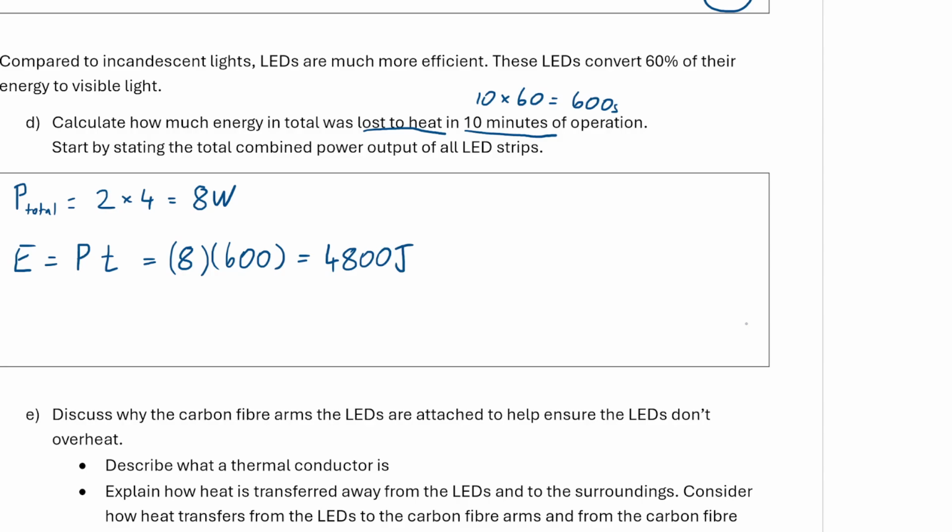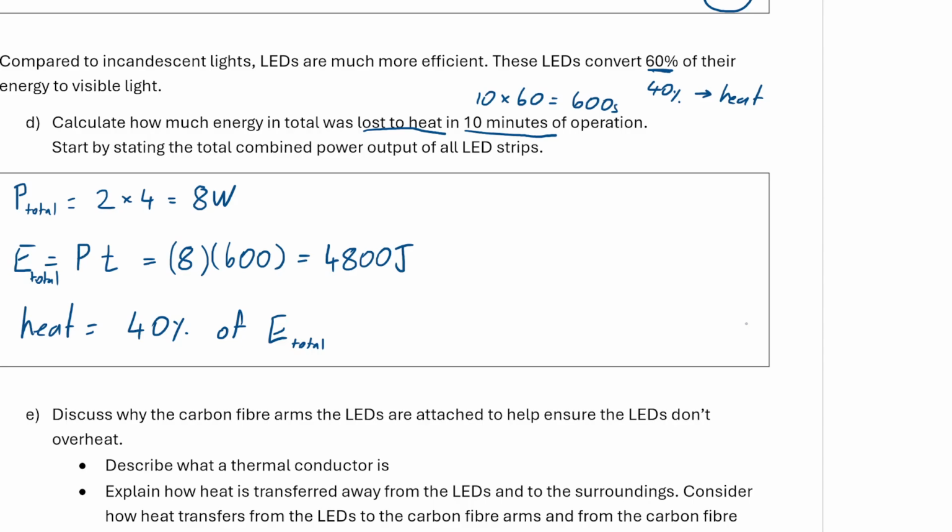Okay, have we answered the question? We've found the total power output and we've found the total energy that the LEDs would consume in 10 minutes. But it asked us to find the total energy that was lost to heat. And so 60% goes to light, 40% goes into heat. So our final step would be heat is equal to 40% of our total energy.